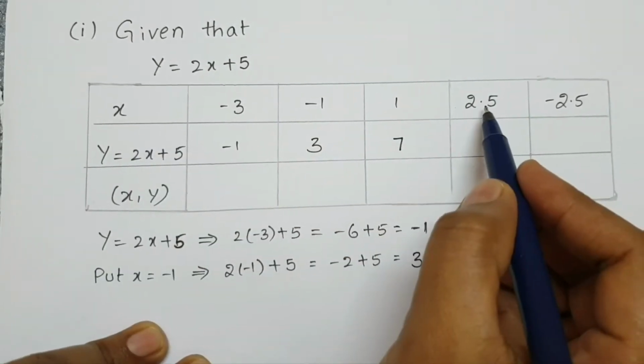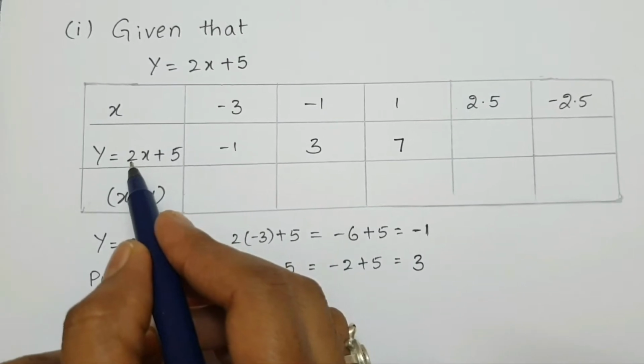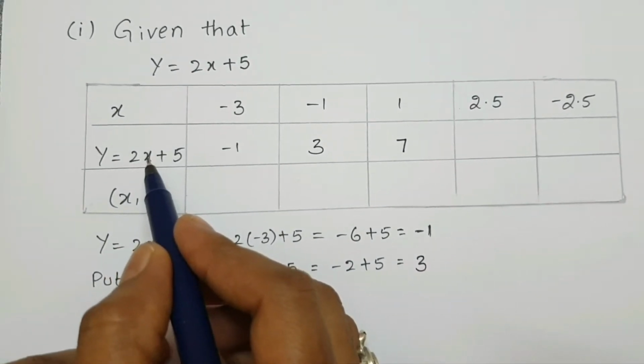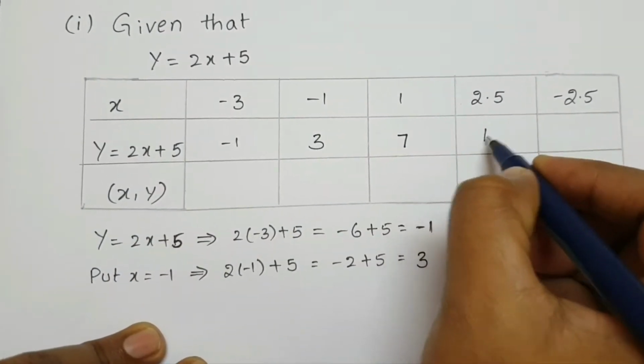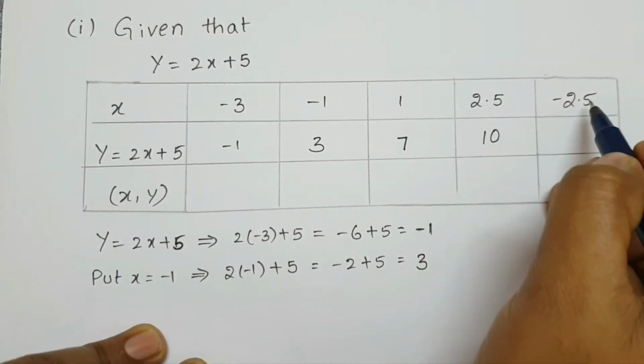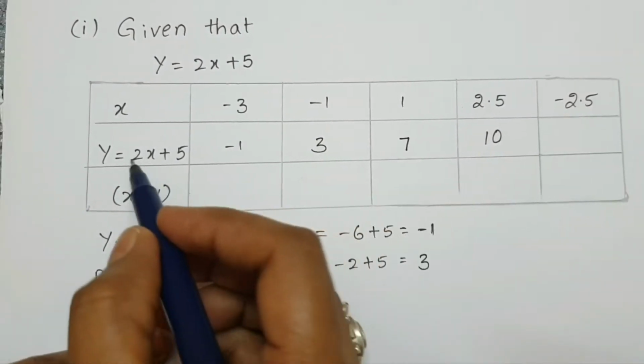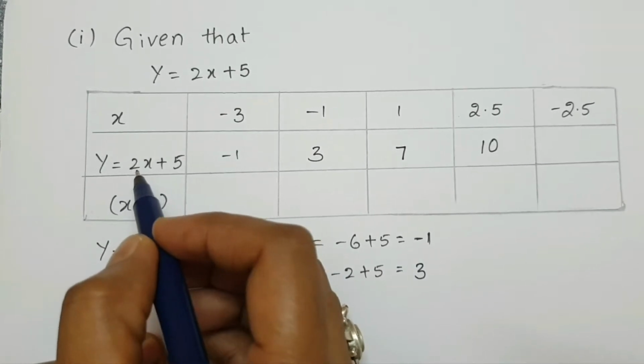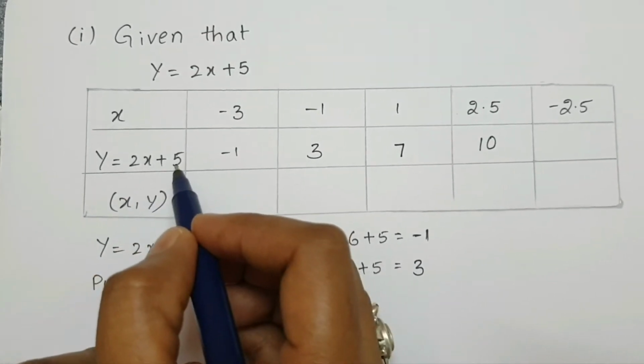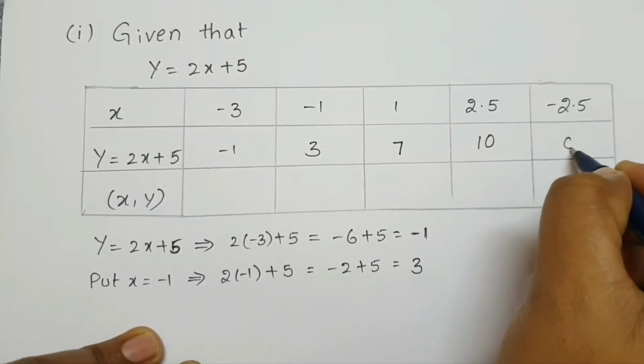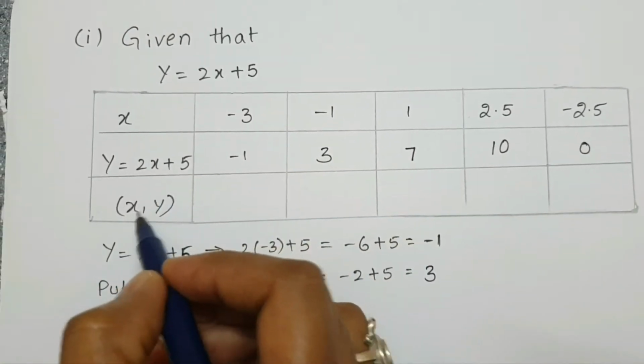When x equal to 2.5, 2 into 2.5 is 5, 5 plus 5 is 10. Next, minus 2.5: 2 into minus 2.5 is minus 5, minus 5 plus 5 is 0.